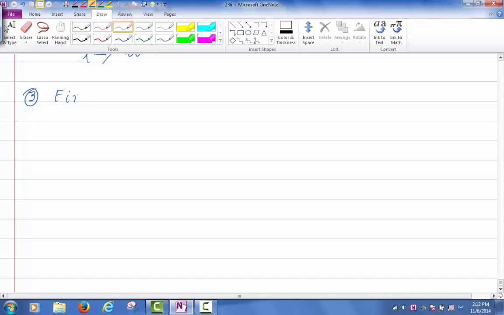Find the intercepts of the function. How would I find them? Remember, our function is x divided by x squared plus 4, and I'm going to denote the function by y.